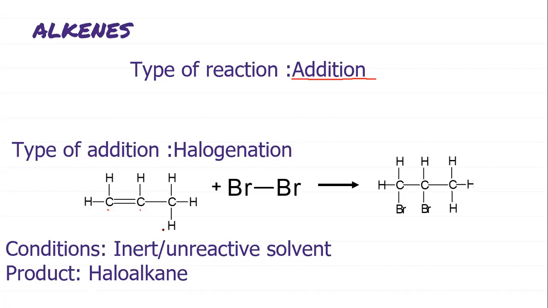You can add an atom on that carbon, provided this double bond is broken. So let us say we take prop-1-ene and we react it with Br2. So 2 bromine atoms that are bonded to each other. So it's a molecule of bromine.